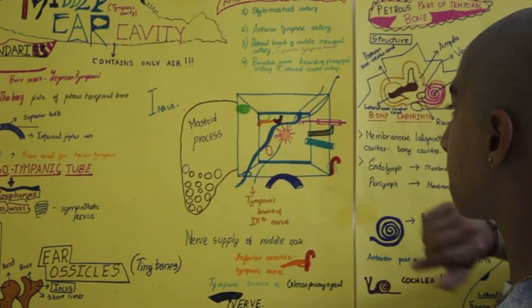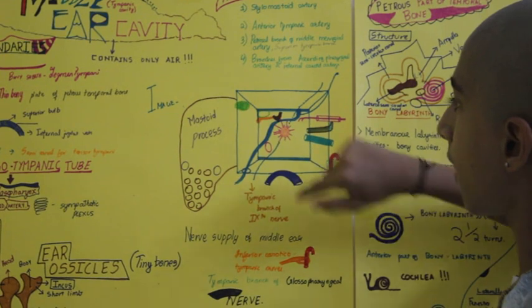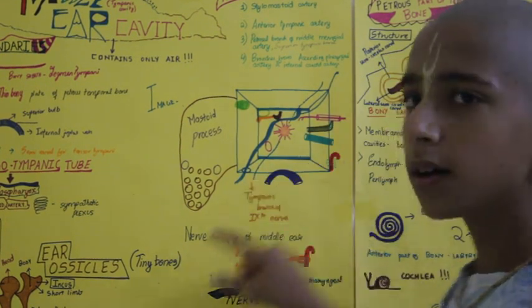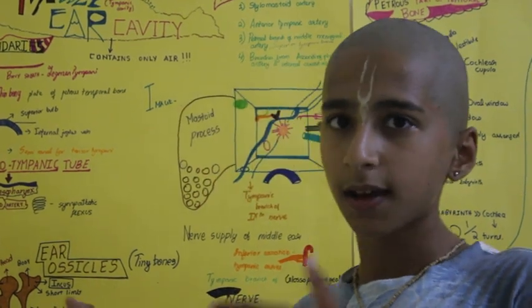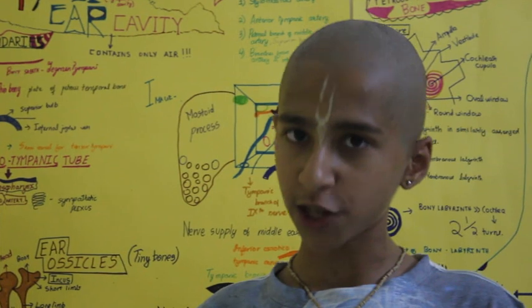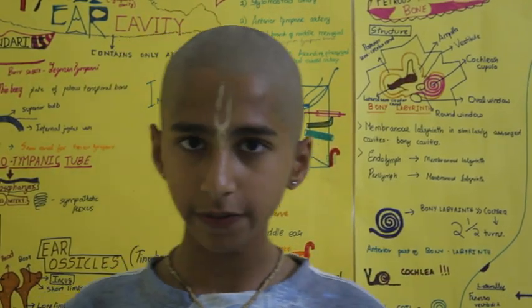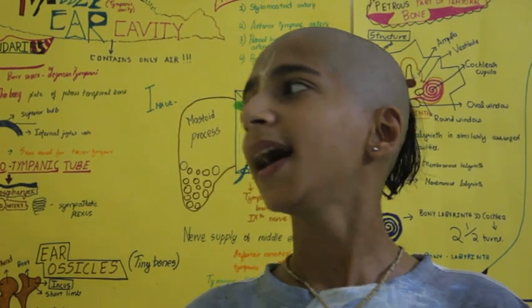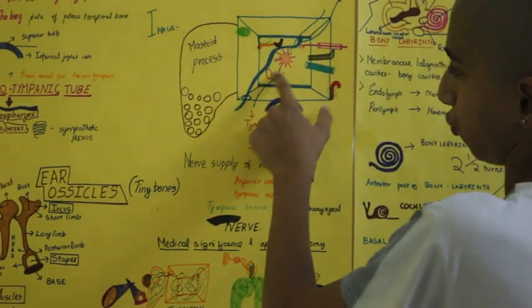The chorda tympani nerve is present, and we also have the greater petrosal nerve and the lesser petrosal nerve coming through this area. We have the tympanic branch of the 9th cranial nerve, the glossopharyngeal nerve, which supplies the middle ear cavity and also goes through this portion.